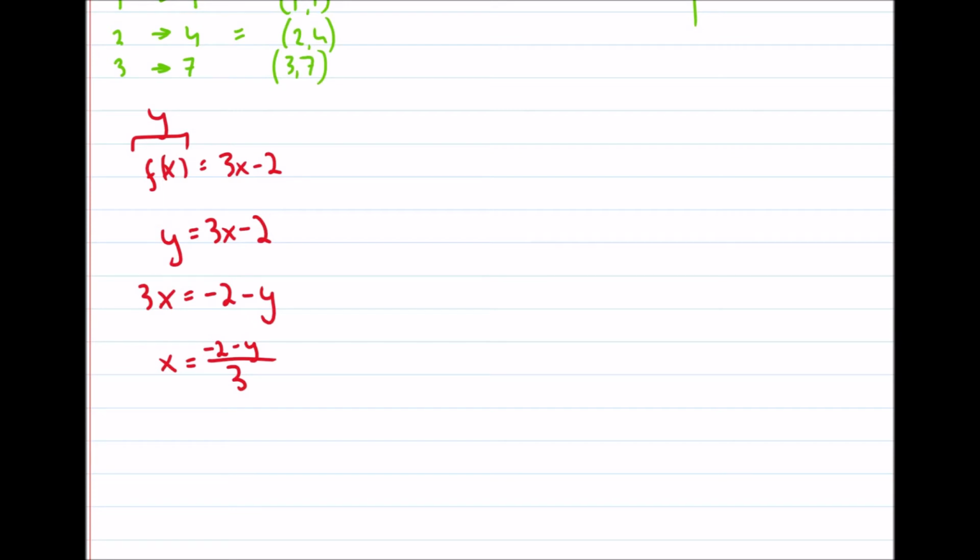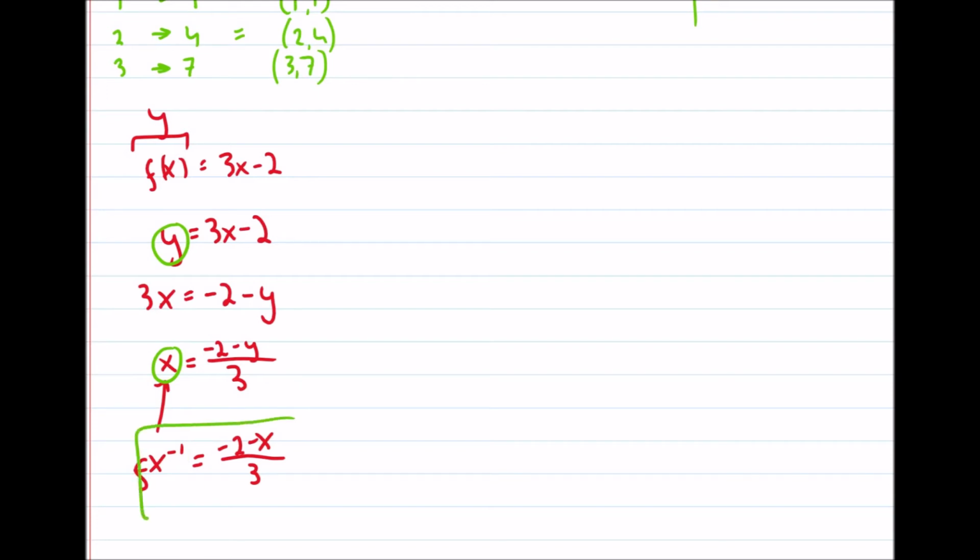Last thing I do then is I change this x to f inverse of x. Okay. And I change the y to x. Okay, so there's the steps I follow. Right? Change it to y first, write it in terms of x, and change the x to the inverse function, and wherever there's a y, put in an x.